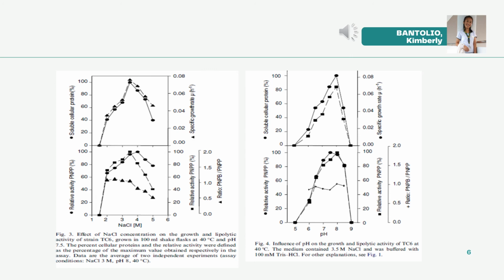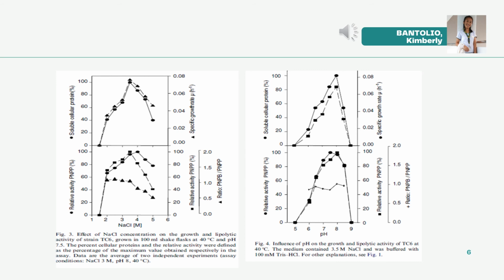The percent cellular protein and the relative activity were defined as the percentage of the maximum value obtained in the assay. Data are the average of two independent assays. Extreme conditions: NaCl 3 M, pH 8, and 40 degrees Celsius.